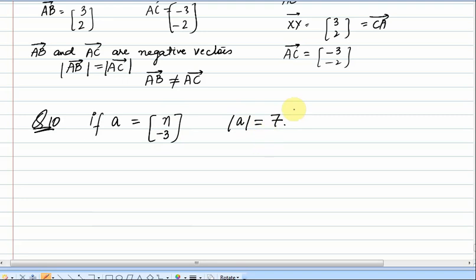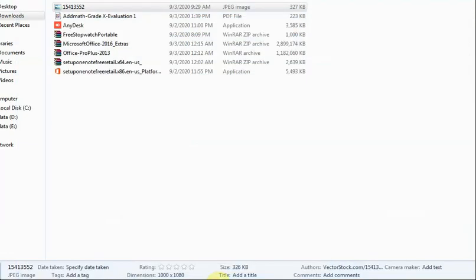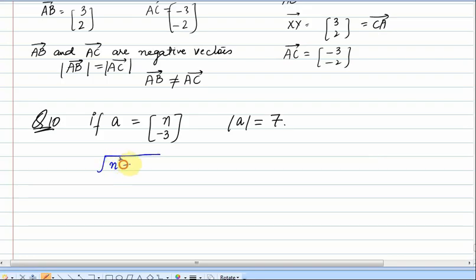The magnitude is given and you need to find the value of n. The formula is the square root of x square plus y square, and the value of the magnitude is given, that is 7. So it will be the square root of n square plus 9 is equal to 7. You need to eliminate the root sign, applying squaring on both sides. It's n square plus 9, because squaring and root cancel, is equal to 49.